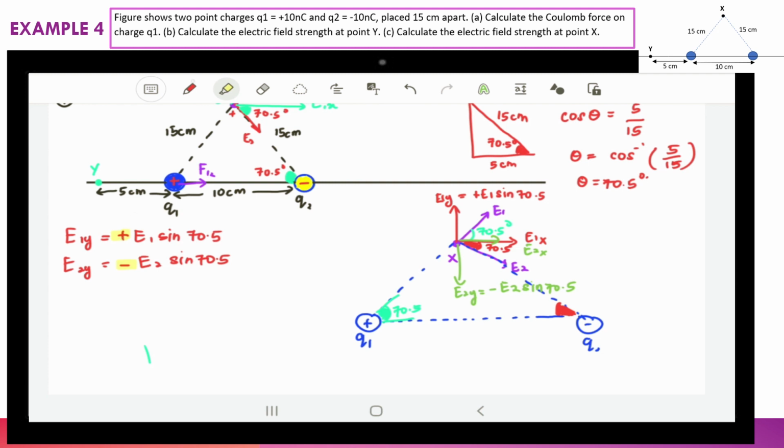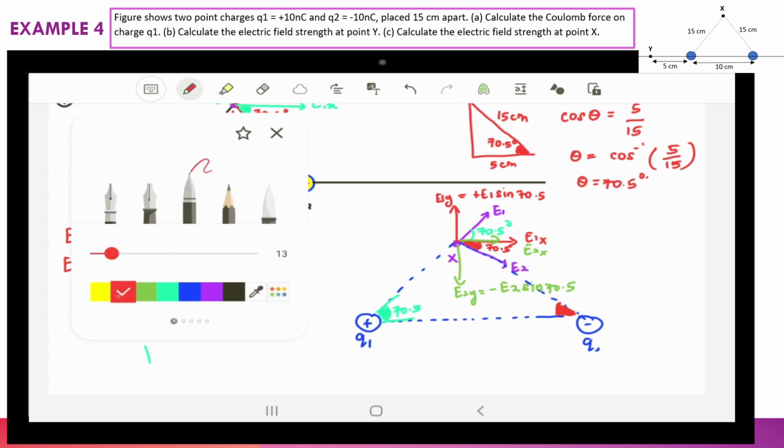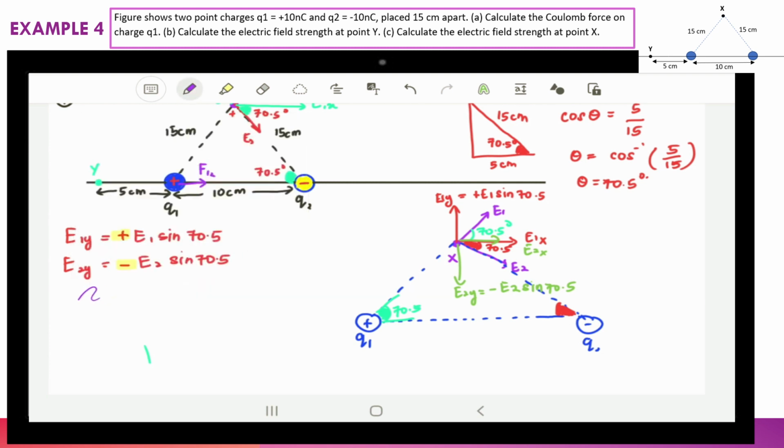So when we calculate the total, the total Ey is equal to E1y plus E2y. It is positive E1 sine 70.5 plus negative E2 sine 70.5.